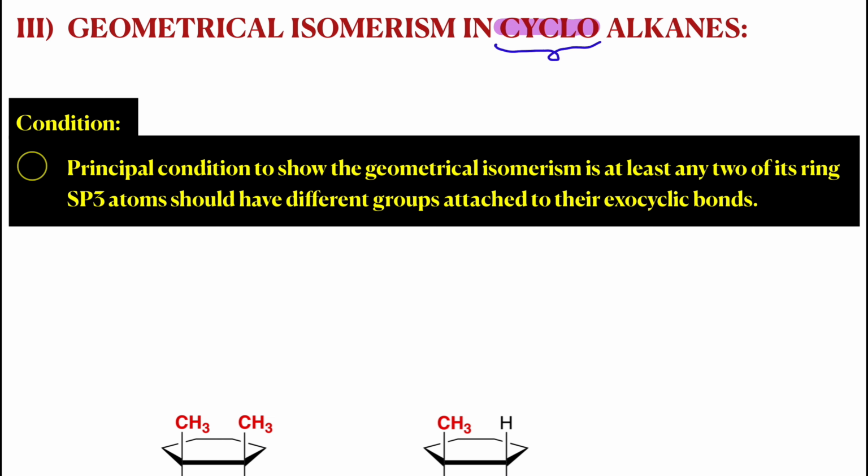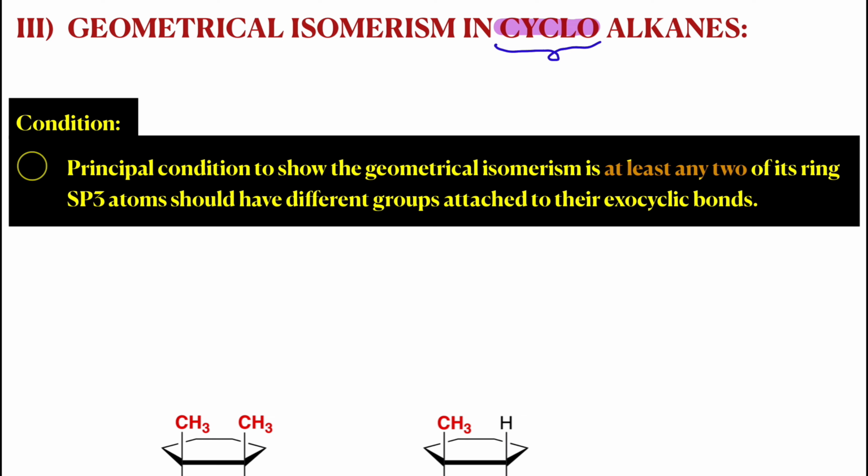In case of these cycloalkanes and derivatives, the most important thing is at least any two of its ring sp3 atoms. So at least two atoms we are saying, not only two atoms. Sometimes maybe three atoms satisfy the condition, four atoms satisfy the condition, whatever it may be.